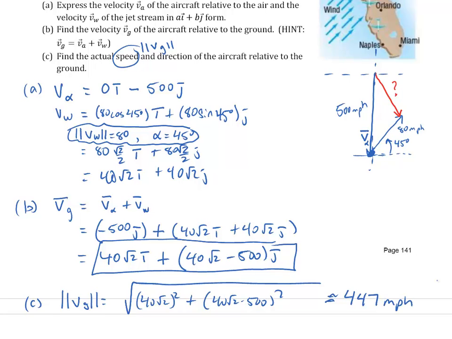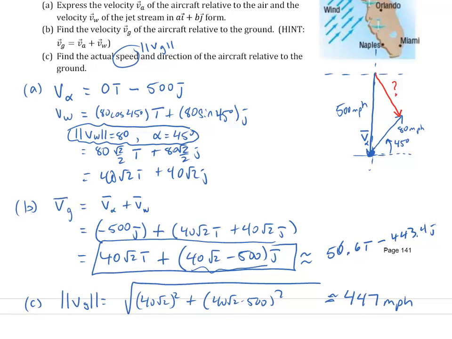Now, what direction does this aircraft actually travel in? Well, since we know, and maybe it helps to actually calculate these values, this is 56.6i plus, actually it's minus, plugging this into my calculator here, I get negative 443.4j.